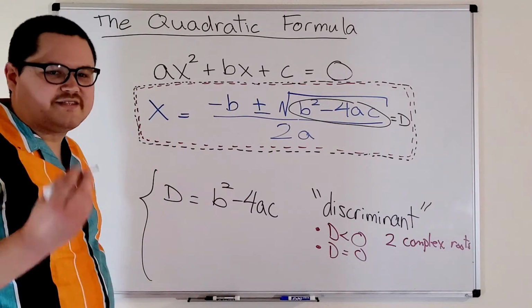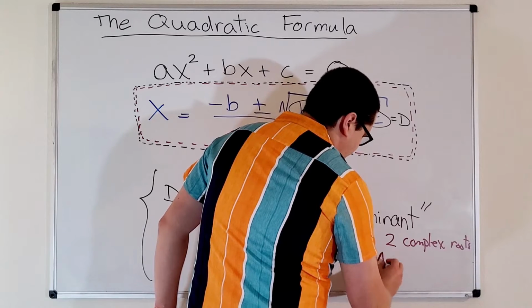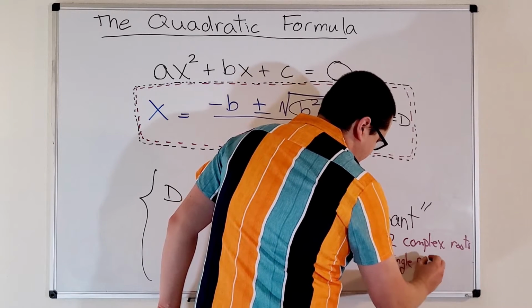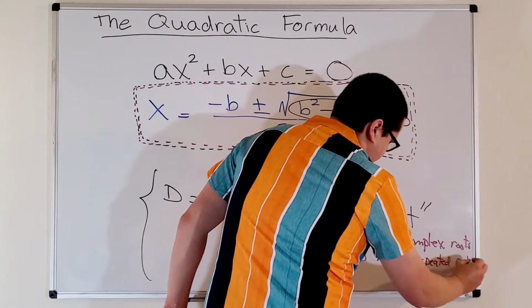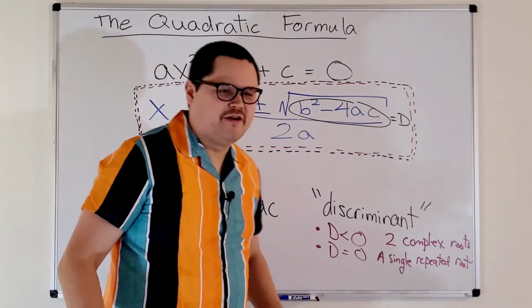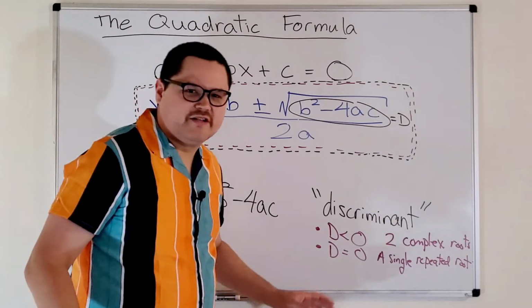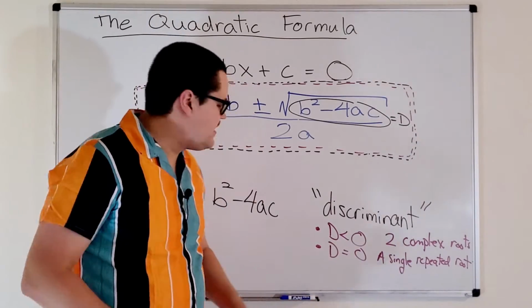So we'll have a single repeated root. We say that it's a root of multiplicity 2, because it appears twice when you solve the quadratic equation, both when you take the plus case and the minus case.